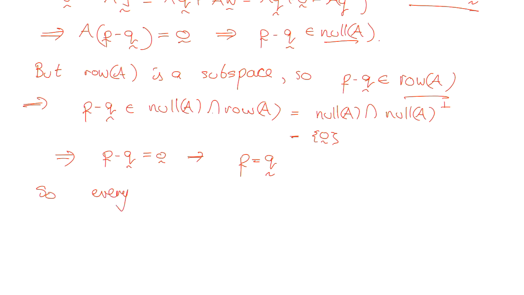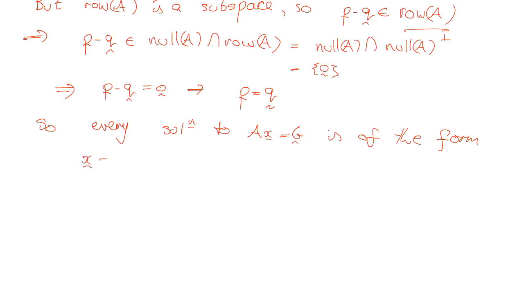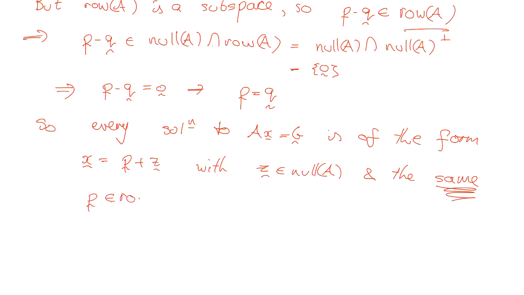All right, so every solution to AX equals B looks like X equals P plus Z, with Z any old thing from the null space you like, but you have to have the same P in the row space.